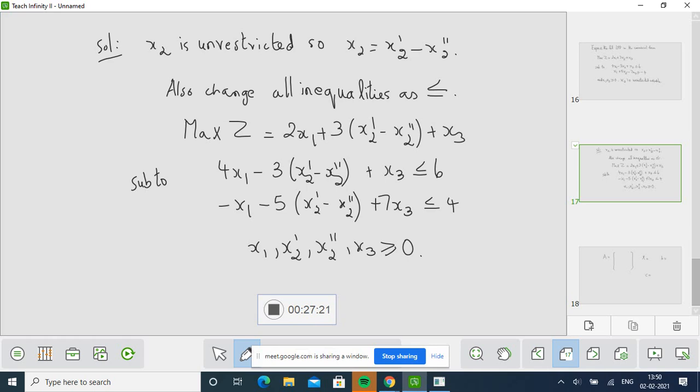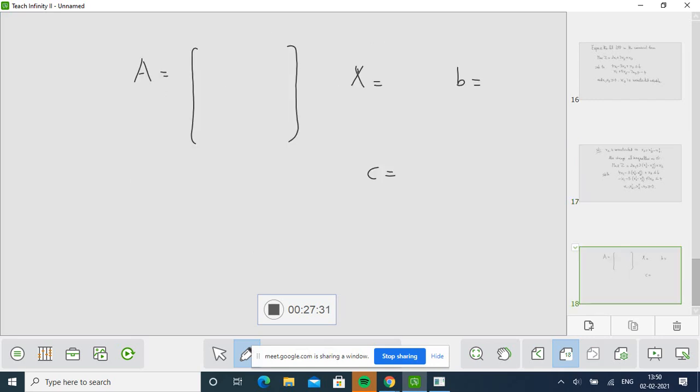No, we have changed to x2 prime, x2 double prime, so 2 into 4. So what will be the values? My first row will now become 4 for x1, then coefficient of x2 prime minus 3, x2 double prime value is 3, then I have x3, value is 1.